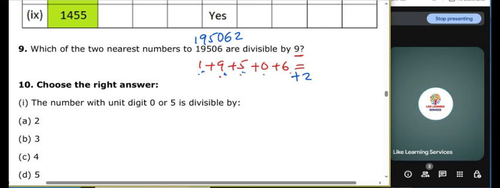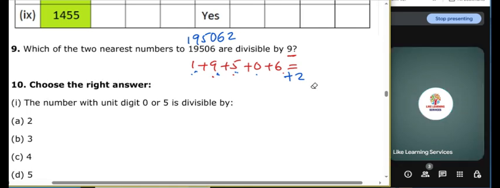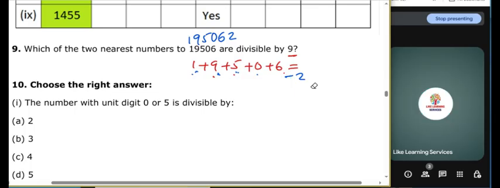No, that's not right. You're right, I made a mistake. Okay, 1 plus 9 is 10, plus 5, 15, plus 6 is 21. So what do we need to add to make it divisible by 9?